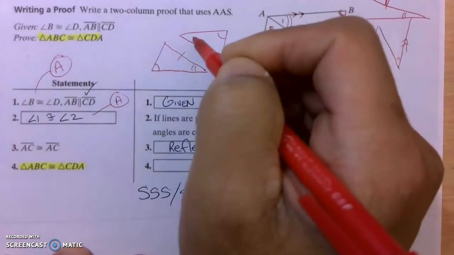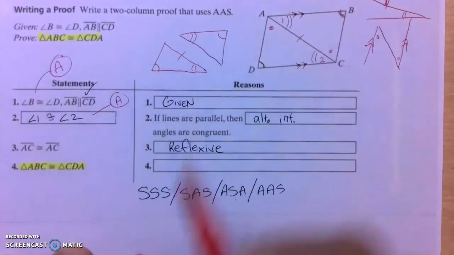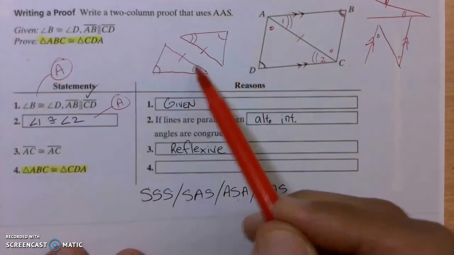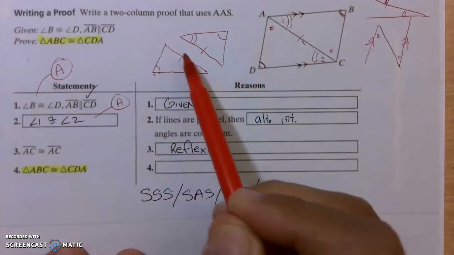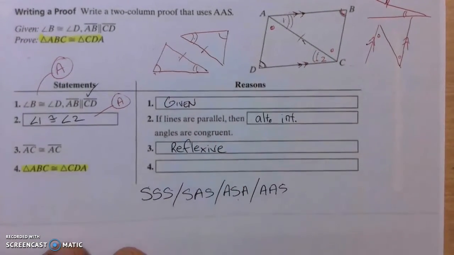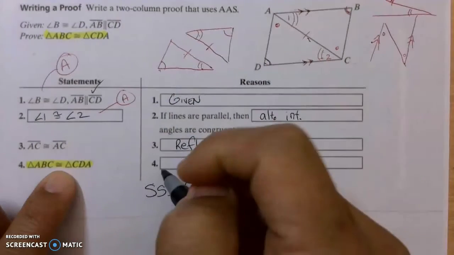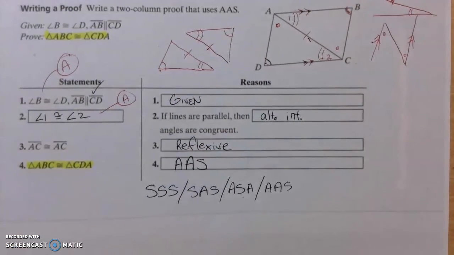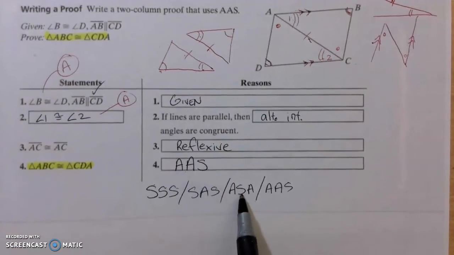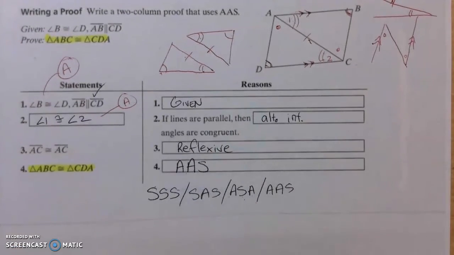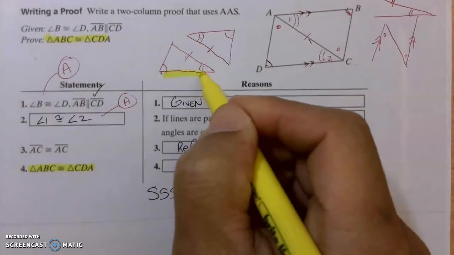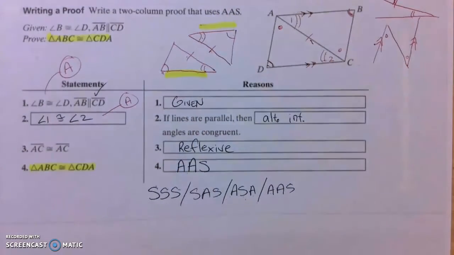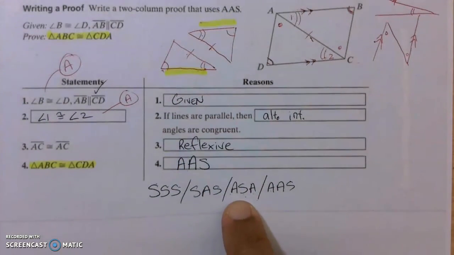There's a tick mark here from the given, alternate interior angle there, and then the reflexive property. And now you'll notice if I just look at this, or even the original picture, you've got angle, angle, side, angle, angle, side. So now the two triangles are congruent because of a congruent angle, a congruent angle, and then a side. I'm not putting the side in between the two angles. If there was a tick mark here in yellow, where here's the two congruent angles and there's a tick mark there, then I would say angle, side, angle.